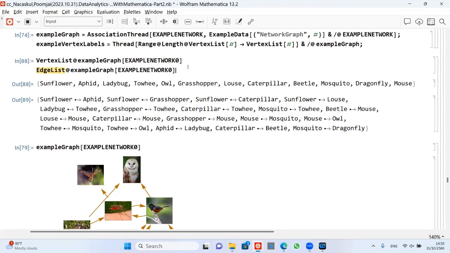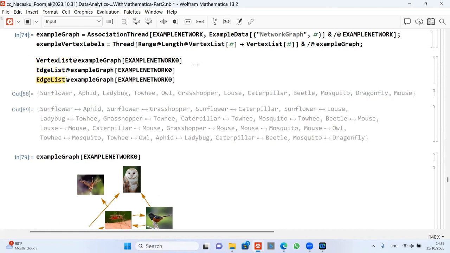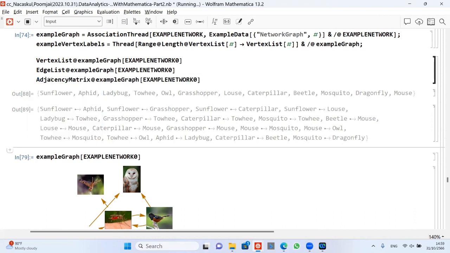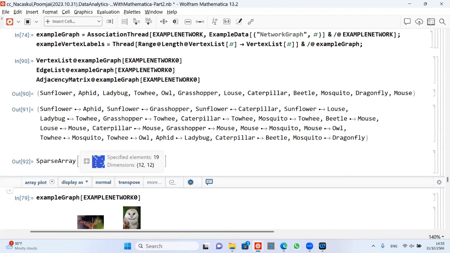So let's look at this. Instead of looking at this, I take what's called the adjacency matrix. Now, this adjacency matrix is an array of numbers. It has, in this case, two values: 0 when there's no connection, 1 when there's an arrow.